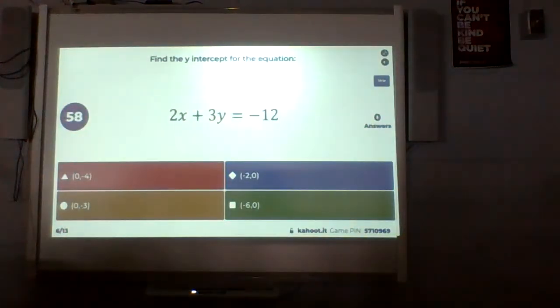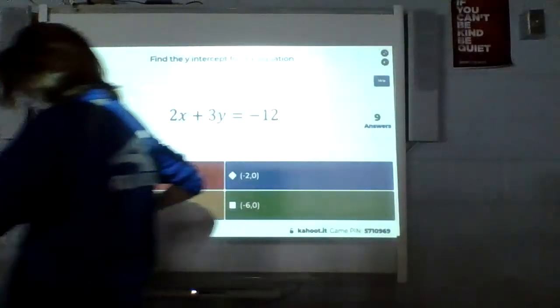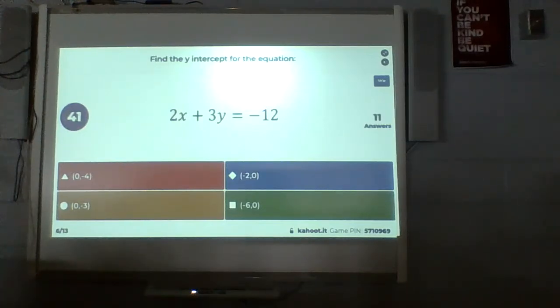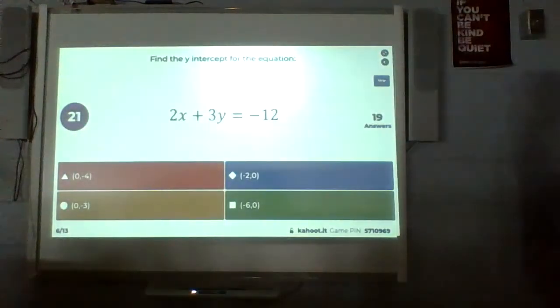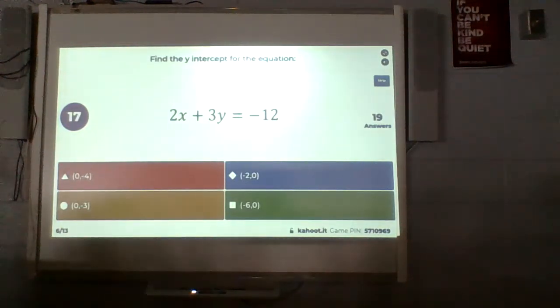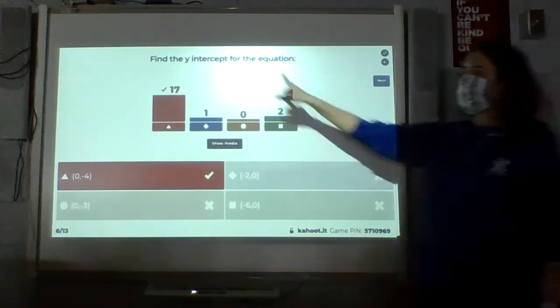Y-intercept this time. All right, guys, the y-intercept is where x equals 0.